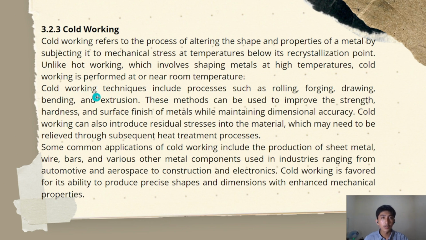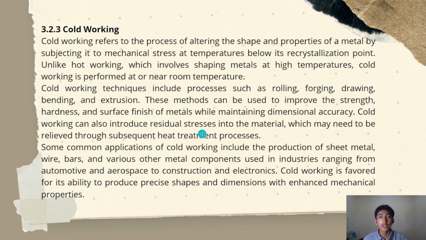Cold working techniques include processes such as rolling, forging, drawing, bending, and extrusion. These methods can be used to improve the strength, hardness, and surface finish of metals while maintaining dimensional accuracy.